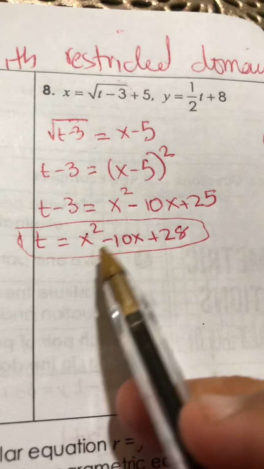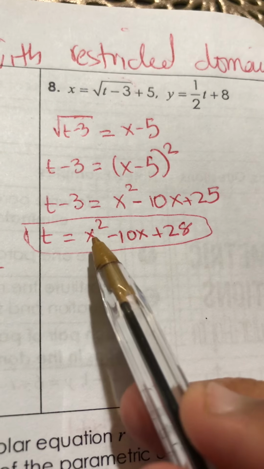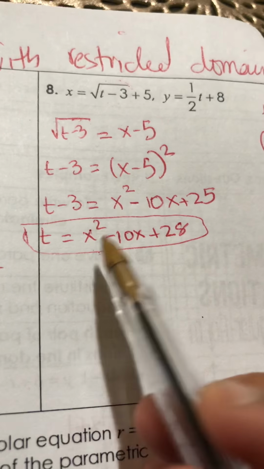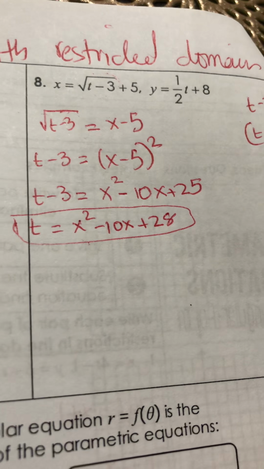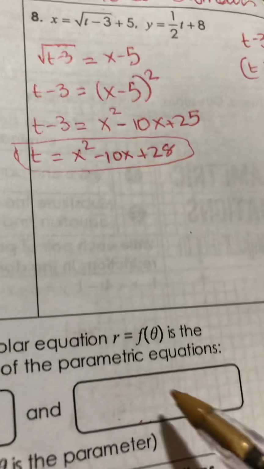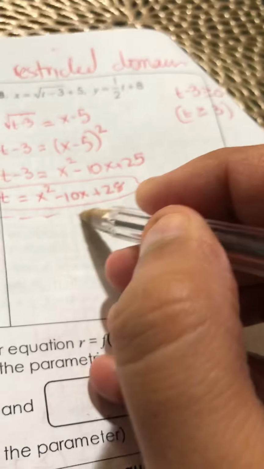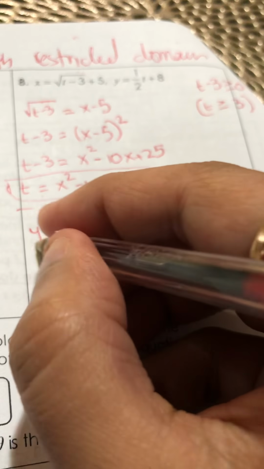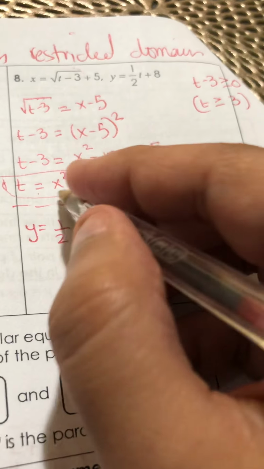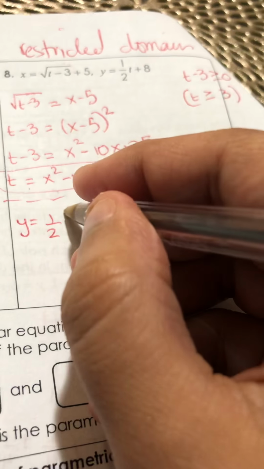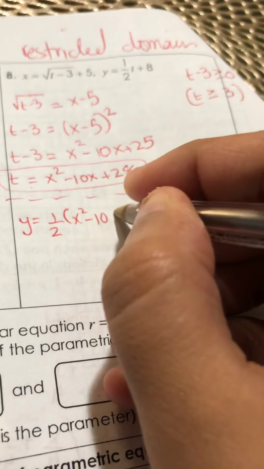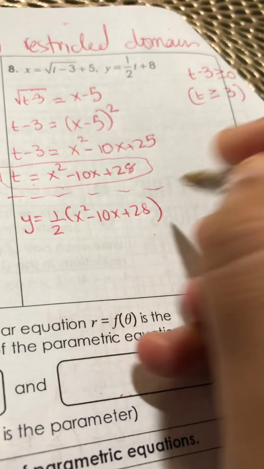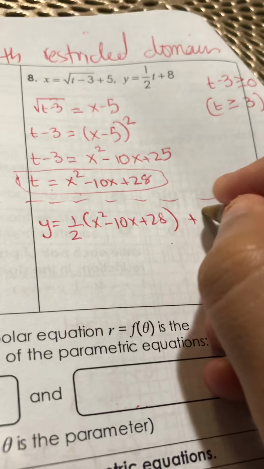At this point, we are going to figure out what x should be so that we can figure out the domain. Okay, first let's substitute this into y. I get y equals 1/2 of t, and t is x squared minus 10x plus 28, plus 8.